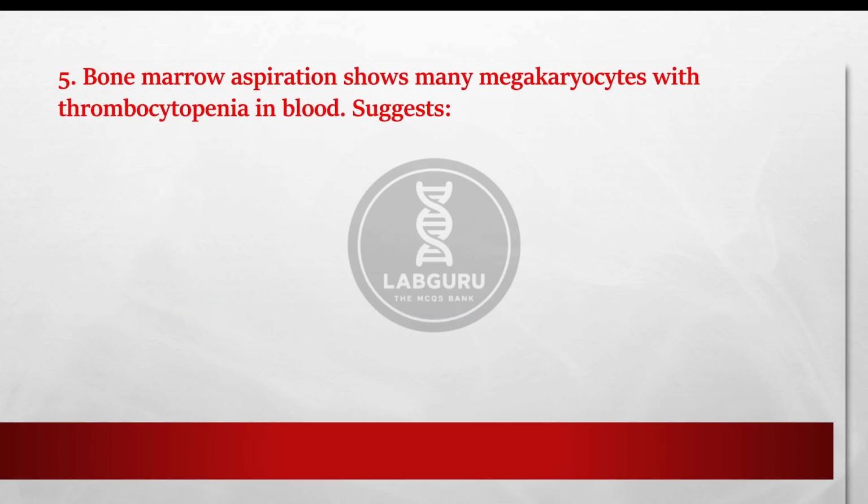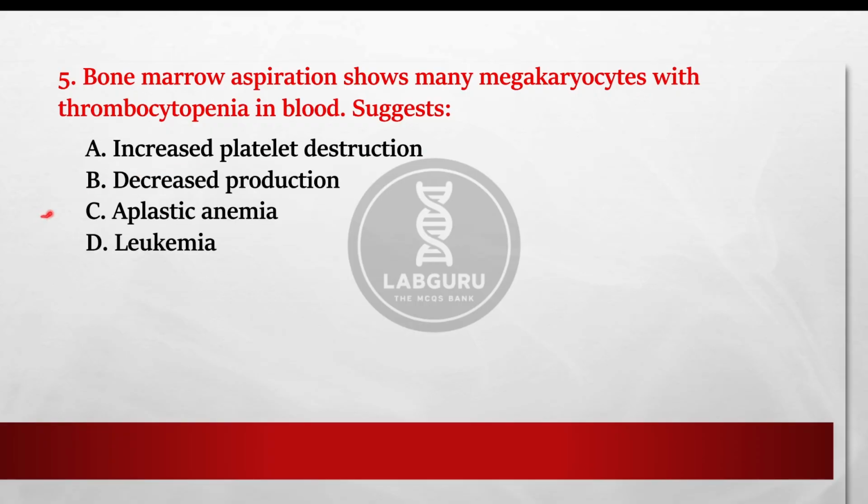Question number 5. Bone marrow aspiration shows many megakaryocytes with thrombocytopenia in blood. This suggests that in the bone marrow there are more megakaryocytes, but thrombocytopenia means the platelet count is low. What might be the reason?